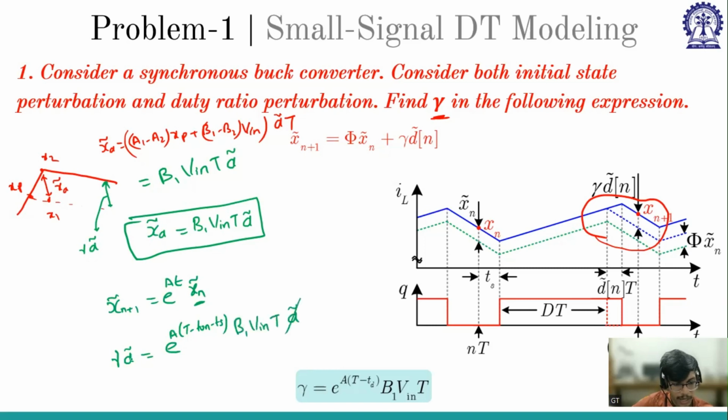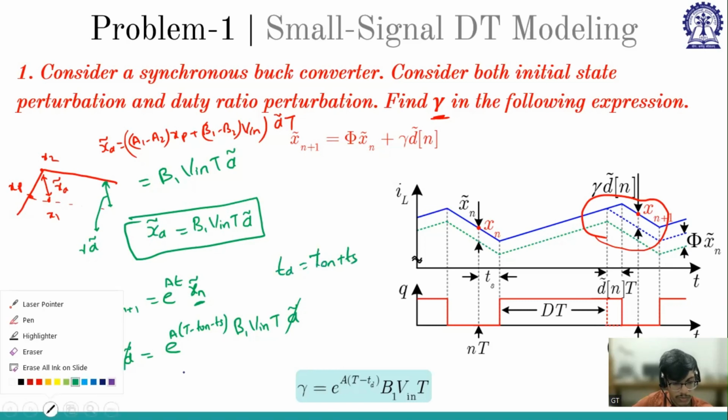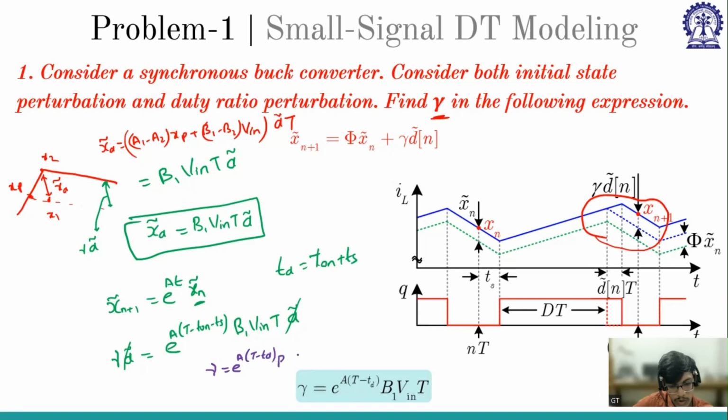D perturb cancels. I know td is equal to t on plus ts. So gamma is e to the power a into (T minus td) into b1 into vin into t.